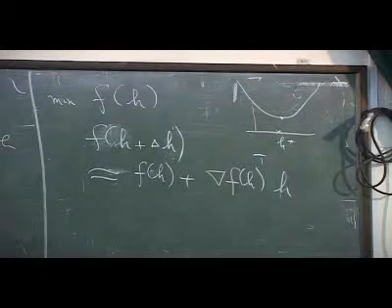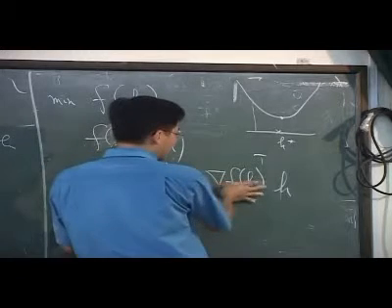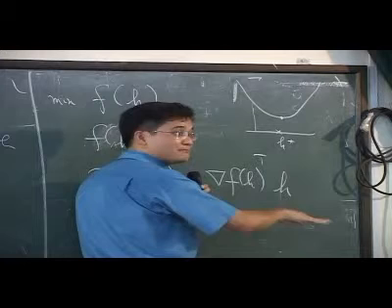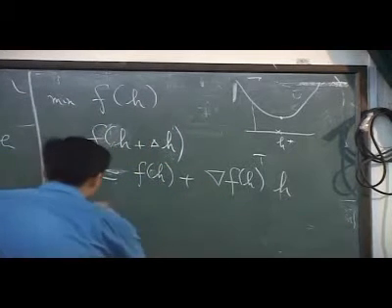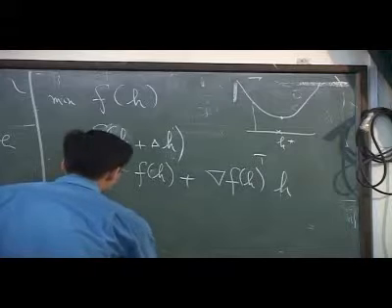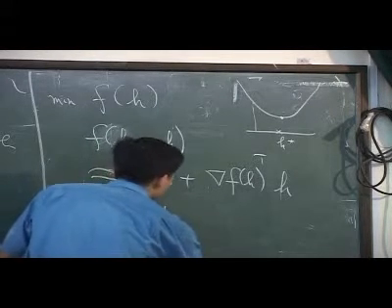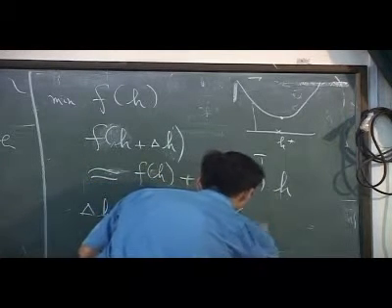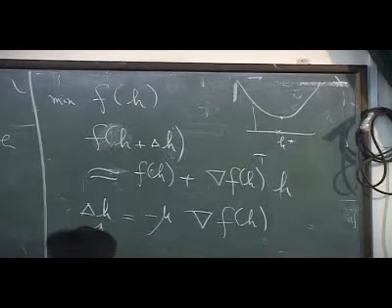The message here is that to minimize it, you need to move in the negative direction. Then you can decrease it as much as you can. So delta h is equal to minus mu times the gradient of f of h. This is the so-called steepest descent.